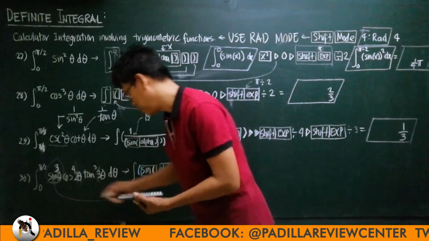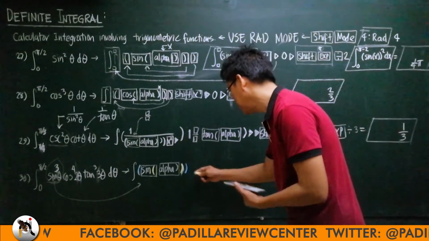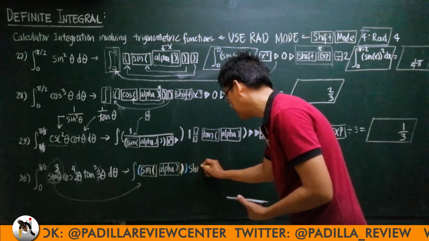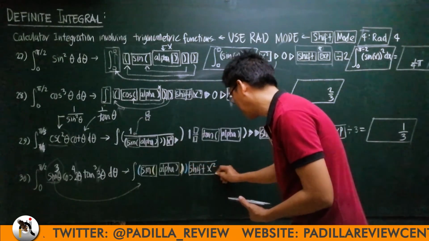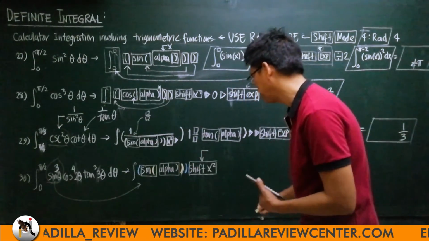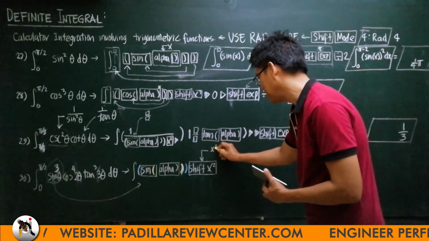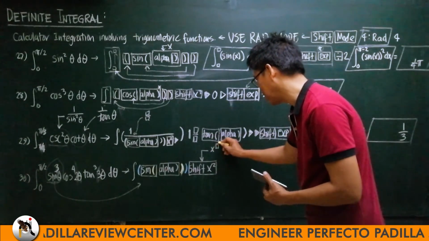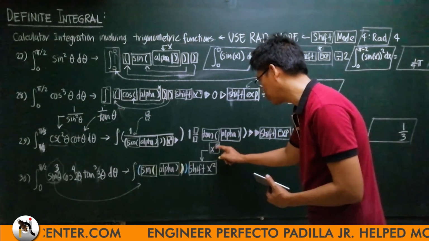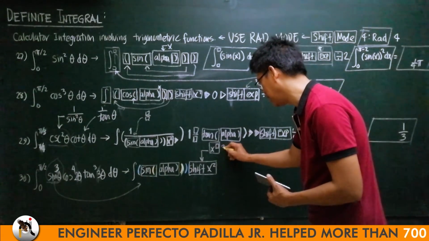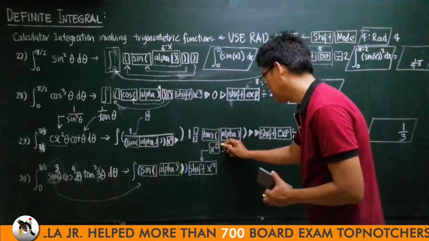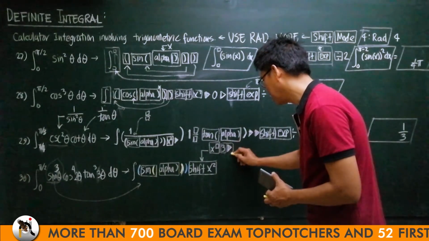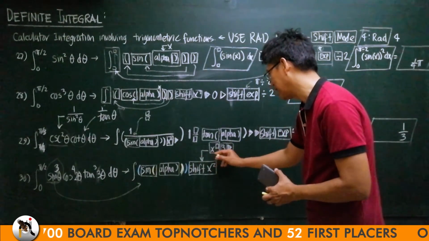Then cube. Cube is shift x squared. Or an alternative to this is x to certain exponent. Your cursor will move to this, then 3, then press right arrow key. So this would be an alternative for x cubed.